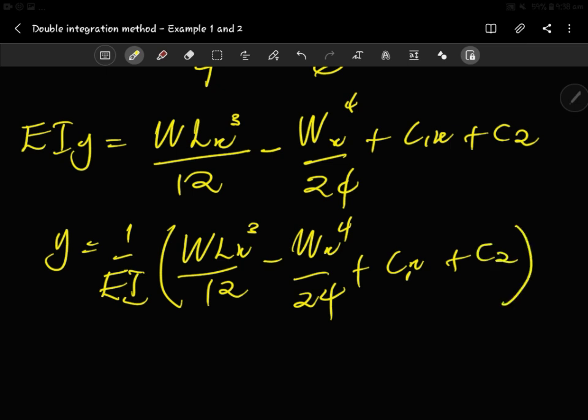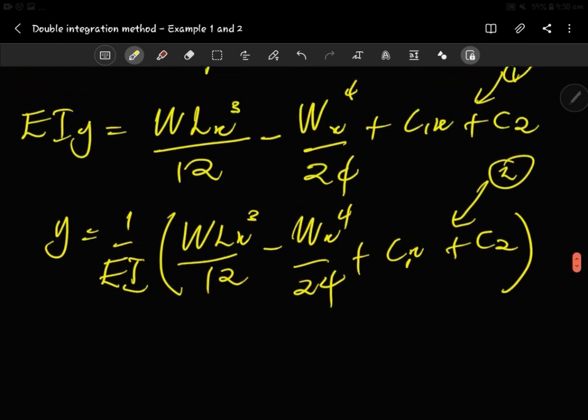Now it's time to find the constants. Let's label the equations: this is equation 1, and this is equation 2.